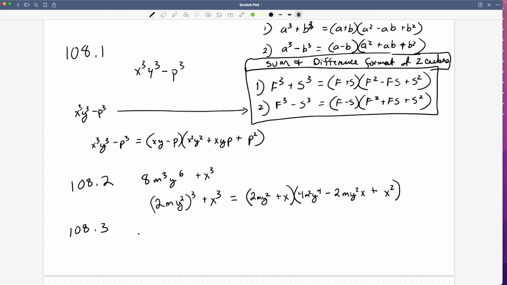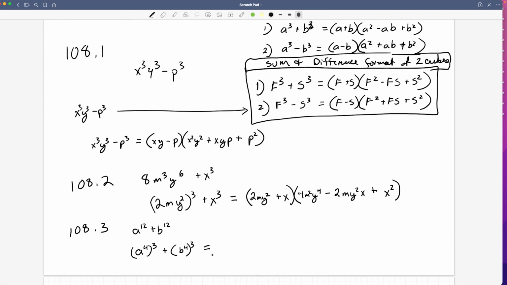So this one is a to the 12th plus b to the 12th. So we can turn that into cubes because we know that we can divide and multiply our exponents the same way we do factors. So we could say a to the 4th cubed plus b to the 4th cubed. So there's our two cubes. This is the sum of two cubes, so we'll use the first format, right?